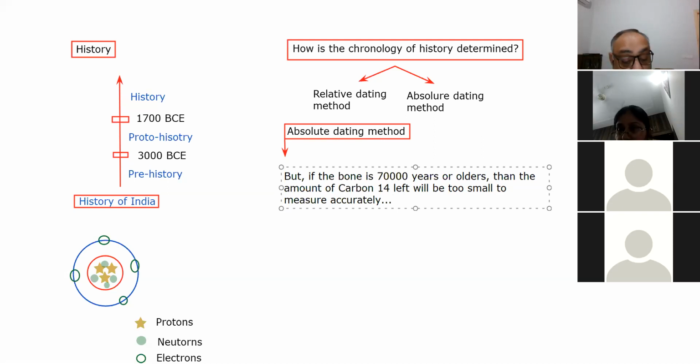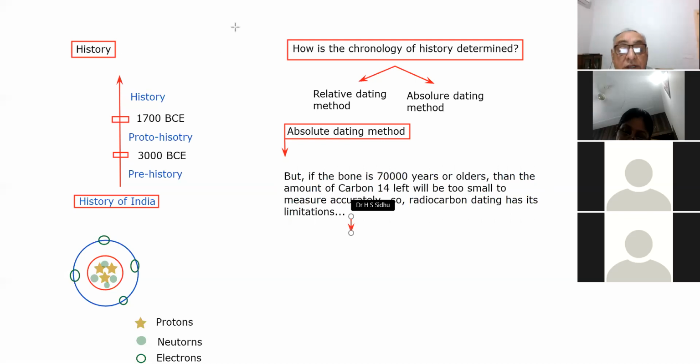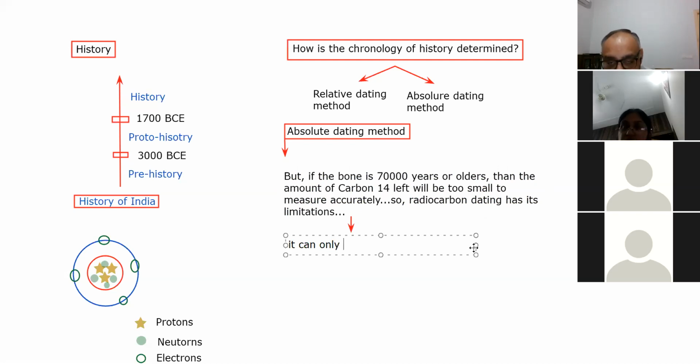So radiocarbon dating has its limitations. It can be used only to determine the age of things of the recent past. This is an important point for the preliminary examination.